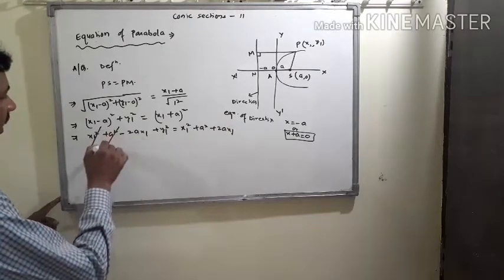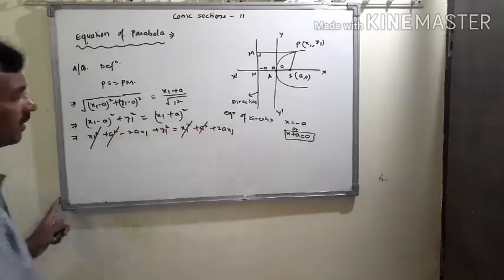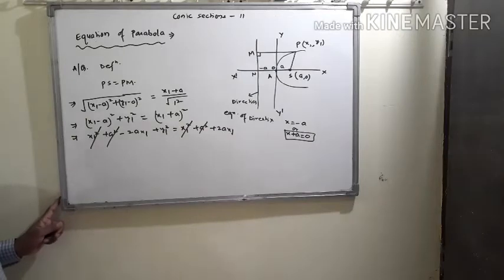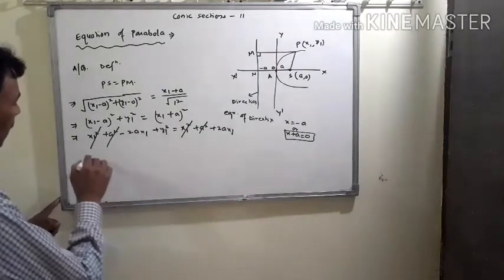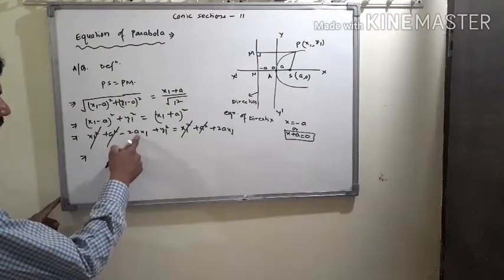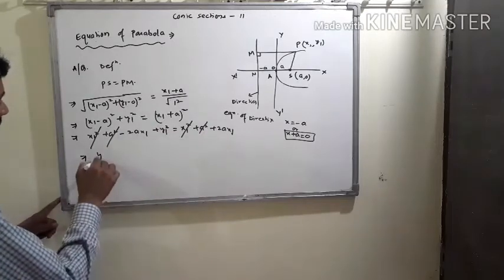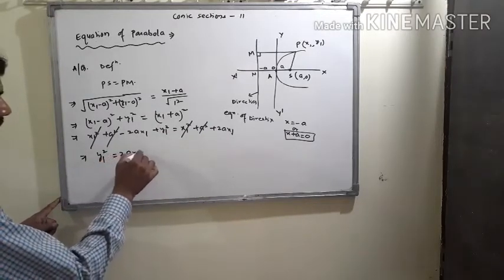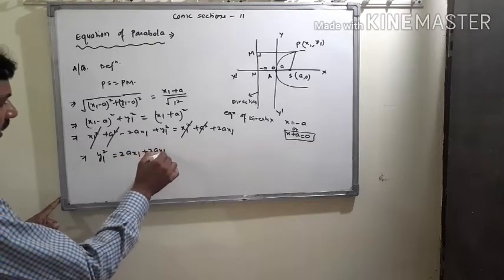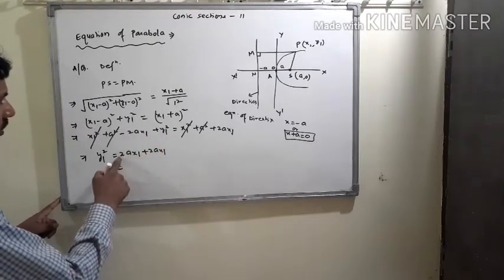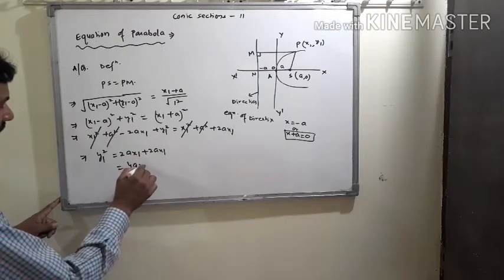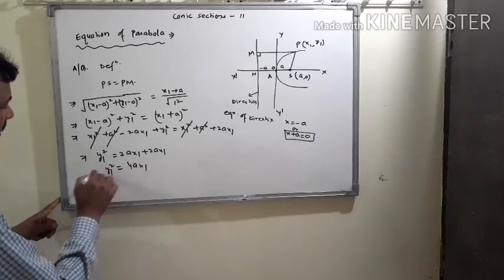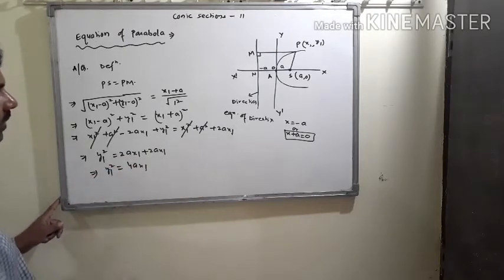Since x1 square and a square cancel, if we transfer minus 2a x1 to the right side, this will be y1 square equal to 2a x1 plus 2a x1, which equals 4a x1.